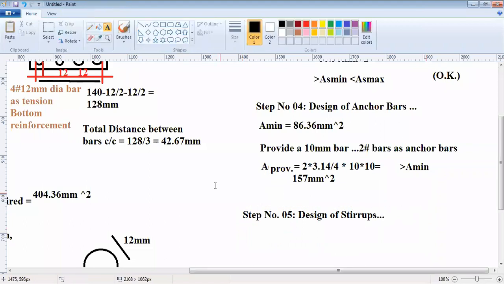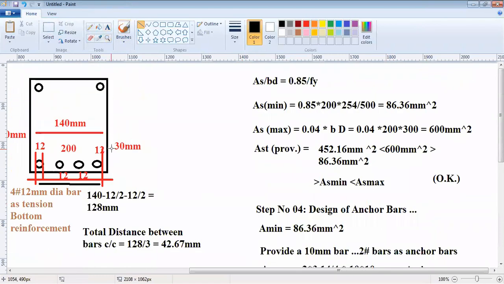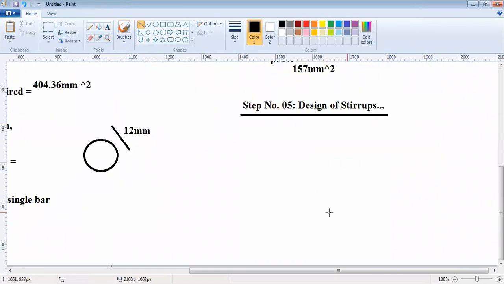Now, what is design of stirrup? That's the design of rings. How do we design that? We design that for shear.